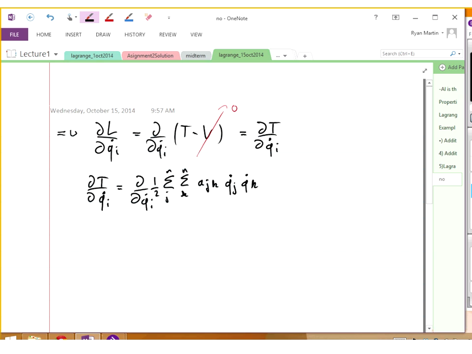Or, I guess, did I forget to put a half in front on the previous page? No. So that's just writing out T as the form we imposed, right?